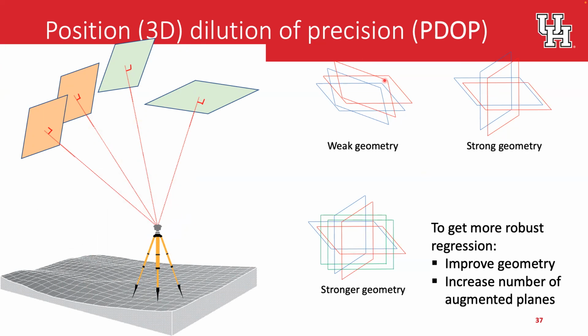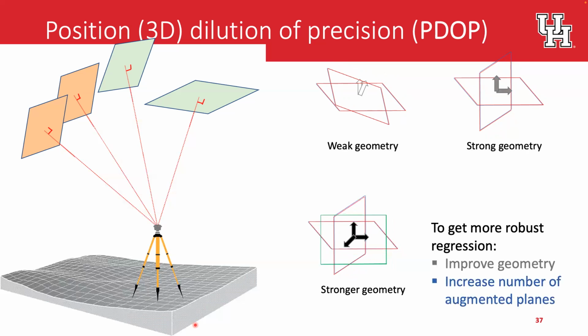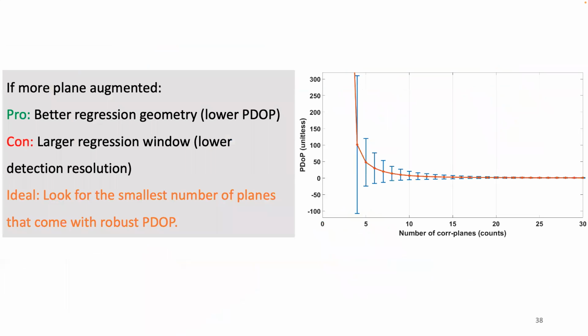What that allows us to do then is decide, okay, how many planar surfaces do we need in an area in order to reliably estimate our deformation down to the level of accuracy that we want? So let's jump through these a little bit here. First study we look at is, let's measure this PDOP versus the number of planes that we have.